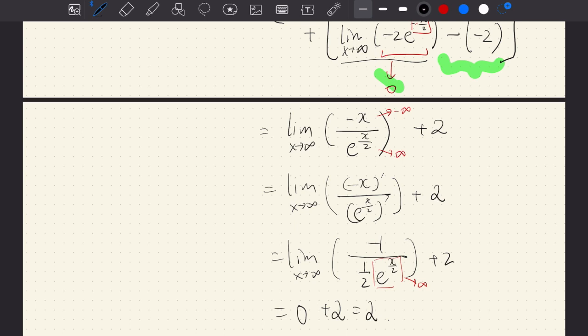Okay, so now let's look at subproblem B. In subproblem B, we want to find the variance of the waiting time. That means that we want to find the variance of x, okay?